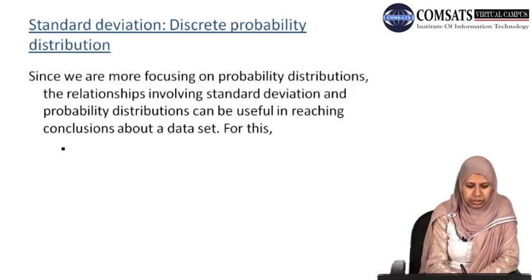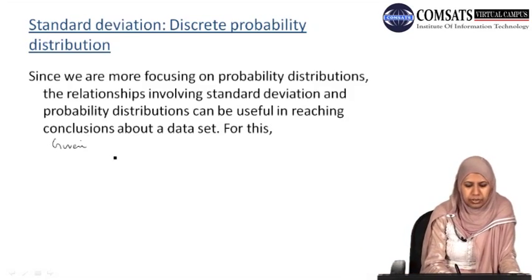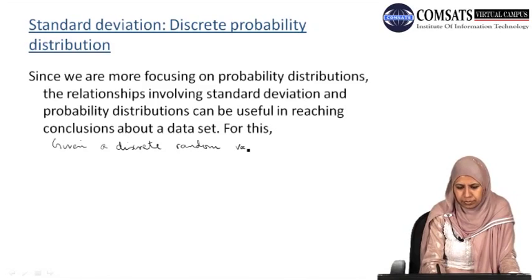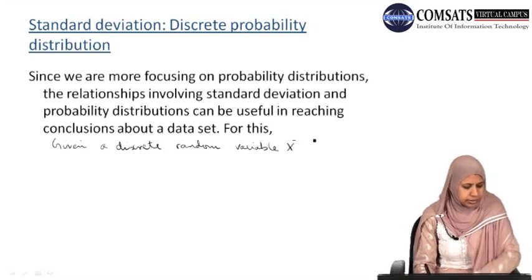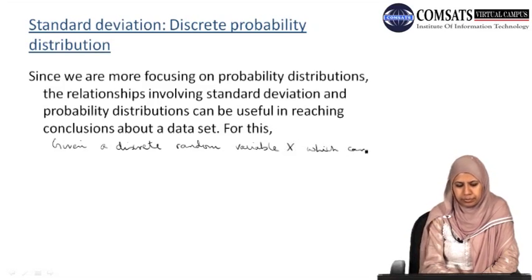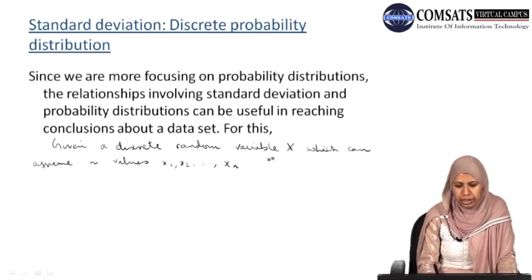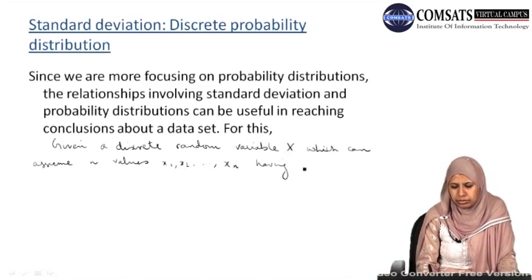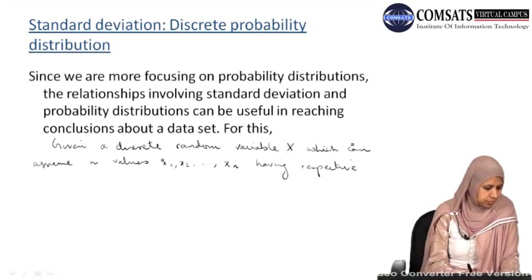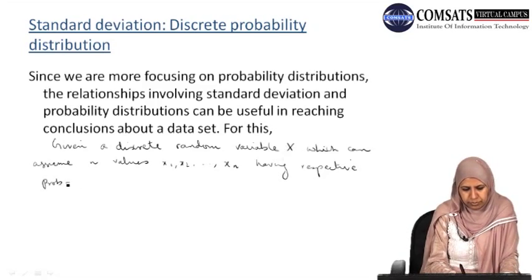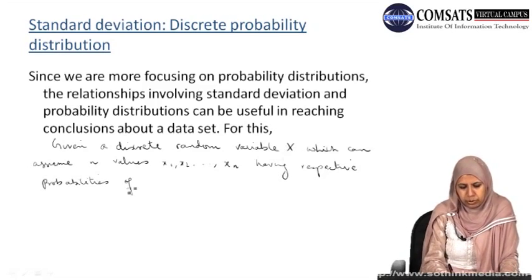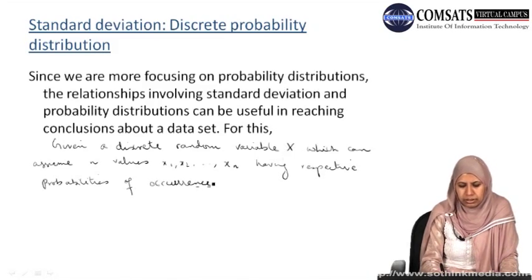For this, suppose we are given a discrete random variable x, which can assume n values, x1, x2 up to xn, having respective probabilities of occurrence p1, p2, and so on up to pn.